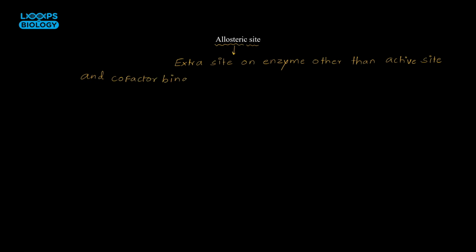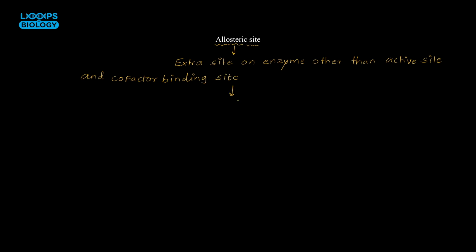So now the question is how this particular active site is governed or changes its shape according to the substrate. Right? So there is one more site for some of the enzymes. This is my extra site on the enzyme, other than the active site and the cofactor binding site.